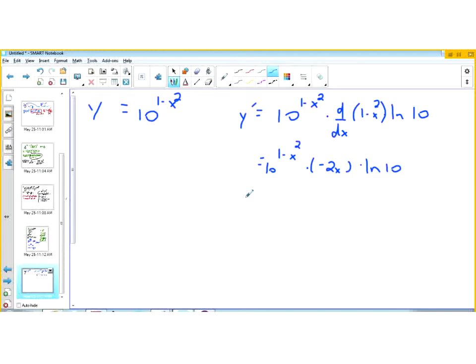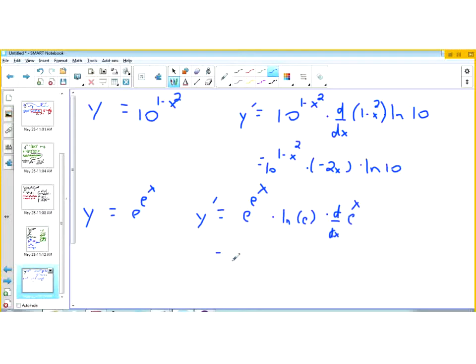Okay, what else? How about something like y is equal to e to the x? Okay, so we want to calculate its derivative. So according to the formula, it will be the function itself times the natural log of the base times the derivative with respect to x of the exponent.